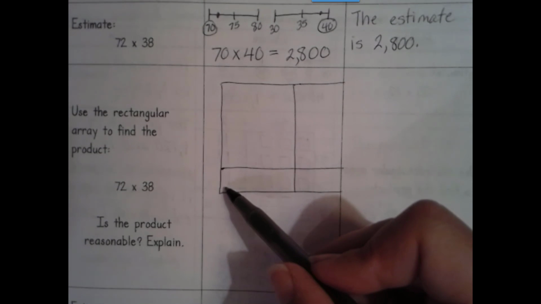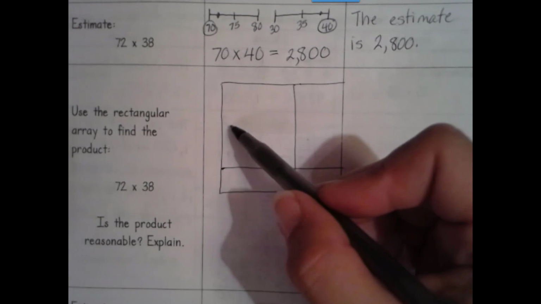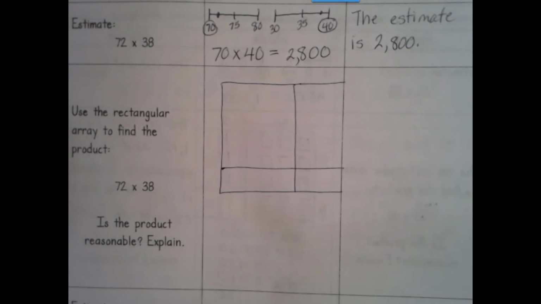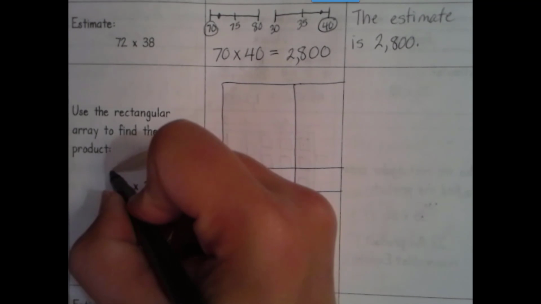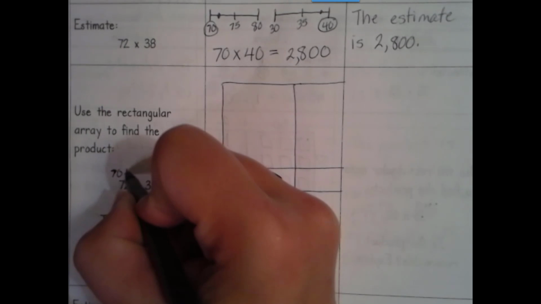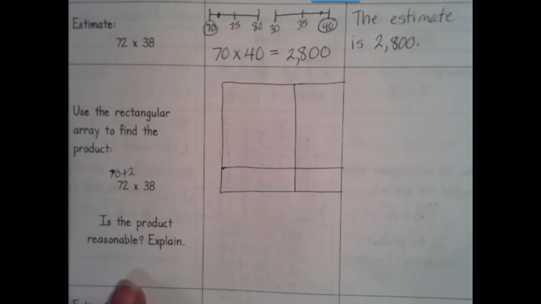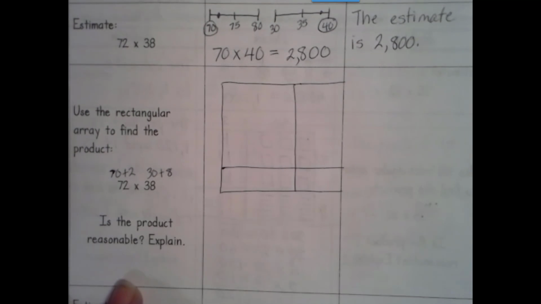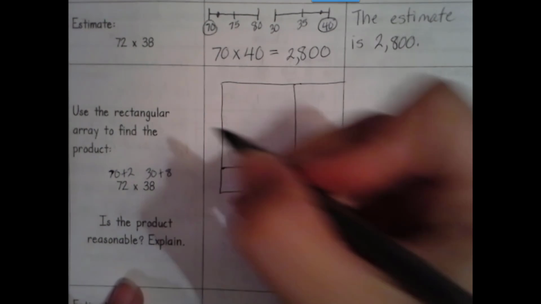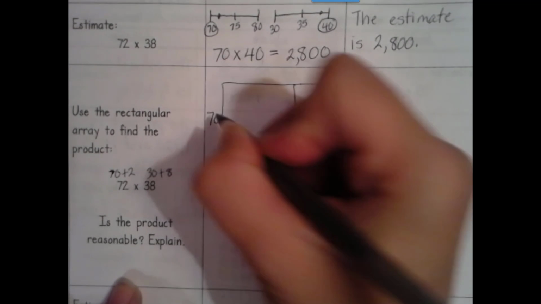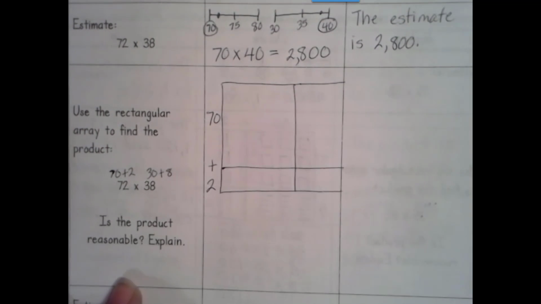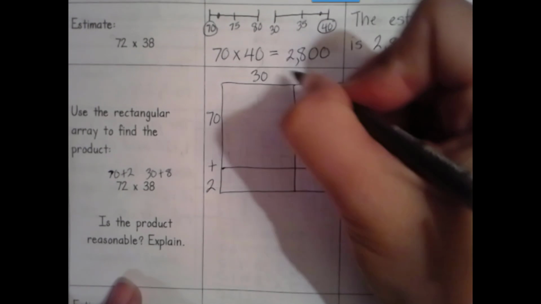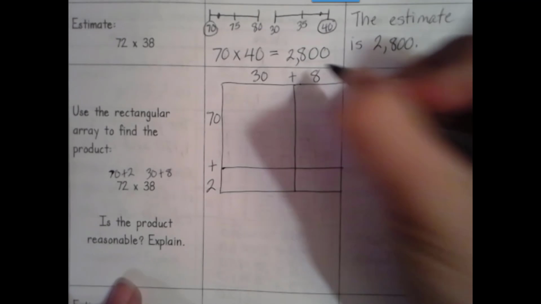I made this one a little bit smaller because I know 2 is smaller than 70, and then 8 is a little bit bigger. So I've got to break this apart into 70 plus 2, it's expanded form, 30 plus 8, so 70 plus 2 is our multiplier, 30 plus 8.